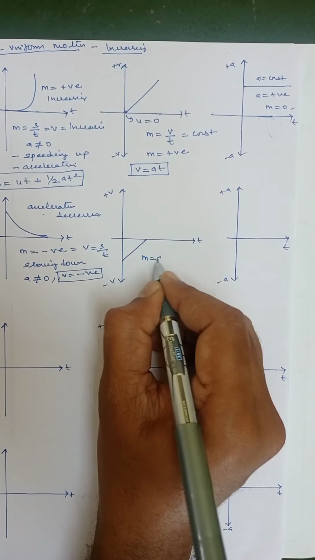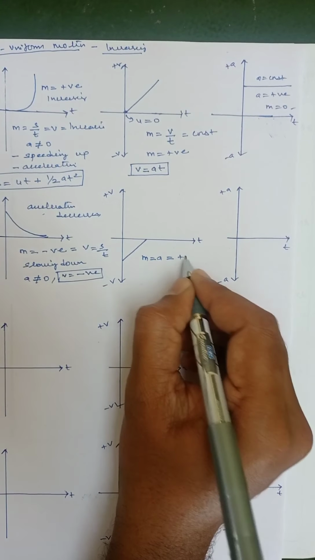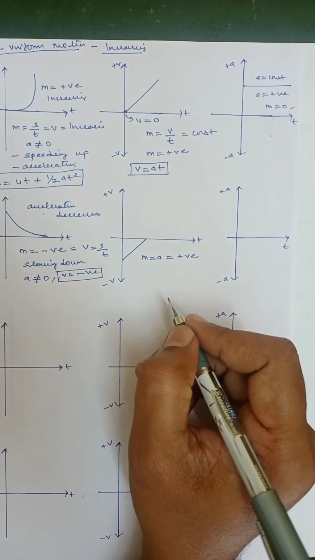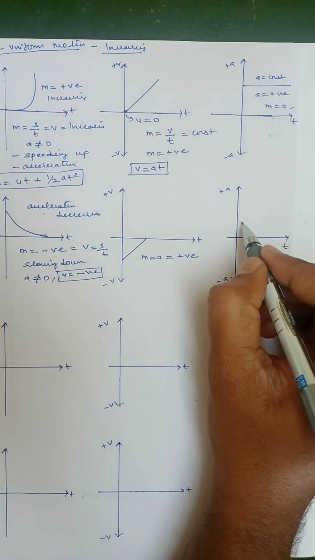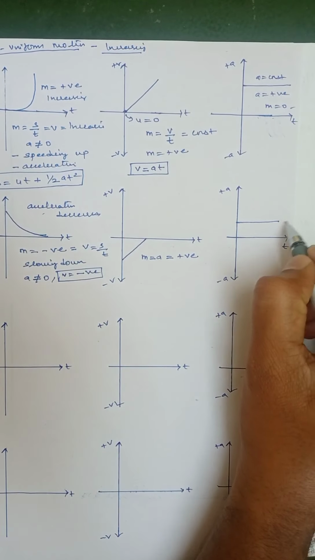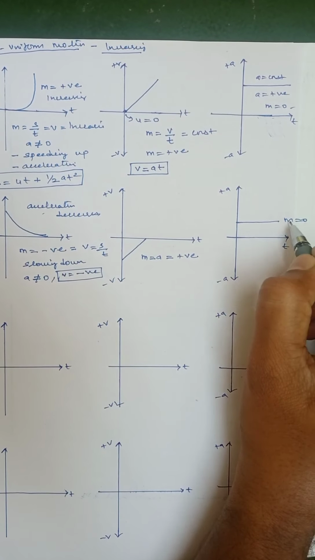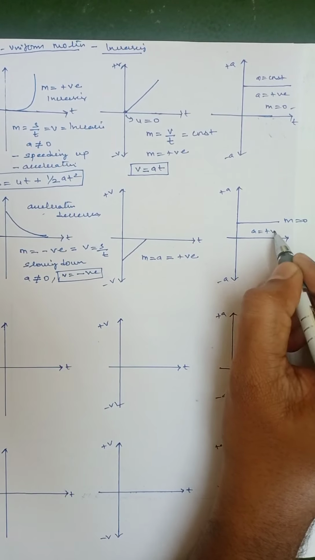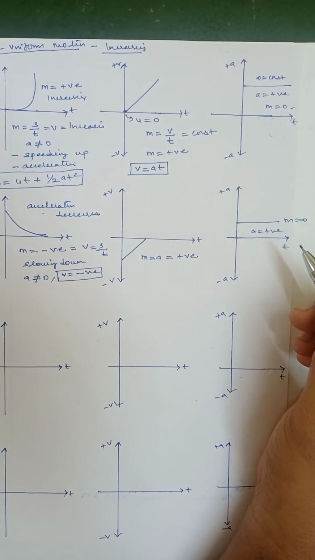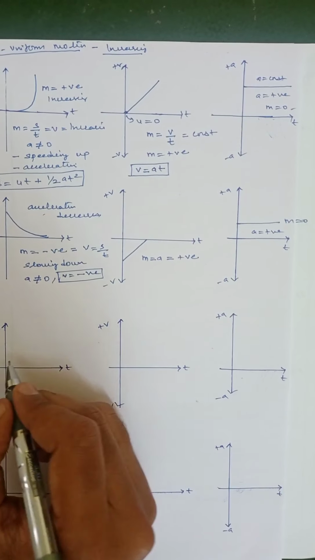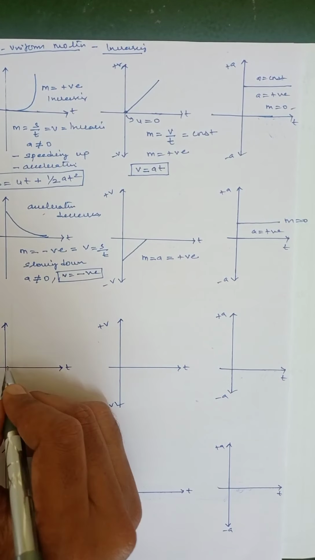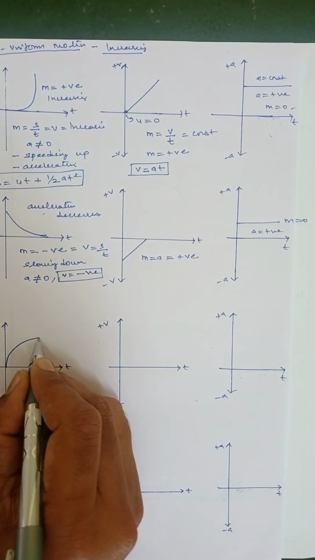Here m equal to a, and which is equal to positive. Here m is equal to positive, therefore m equal to 0 and a equal to positive. Next, here the graph will be like this.